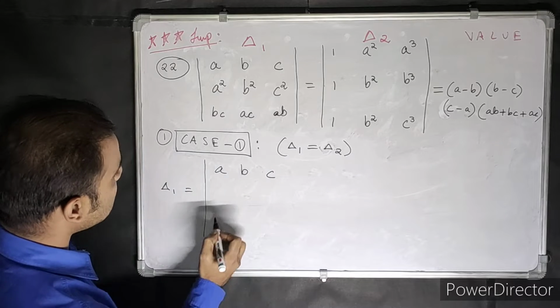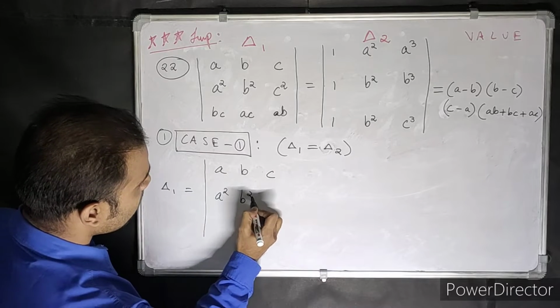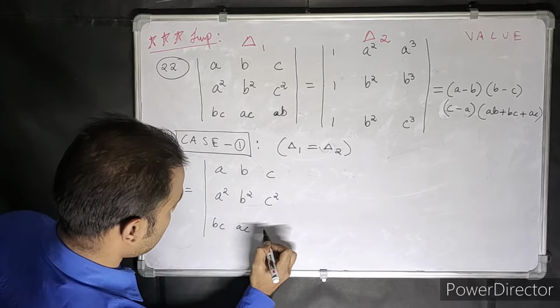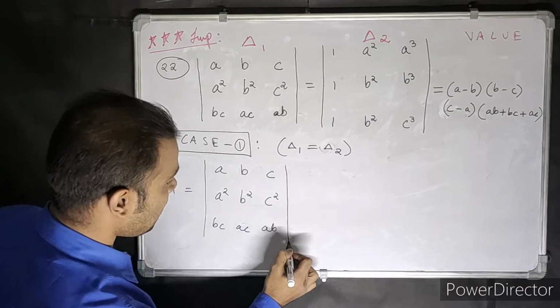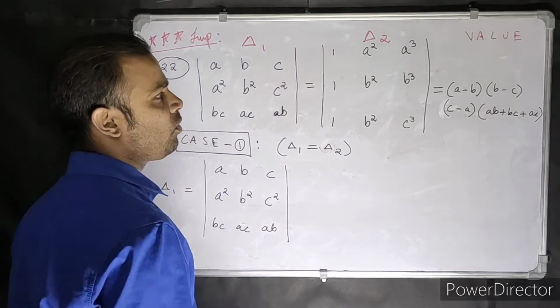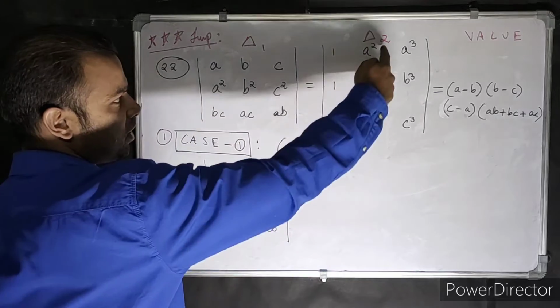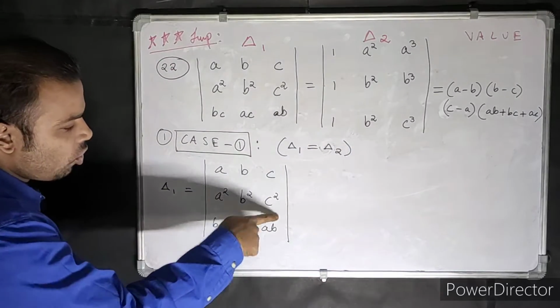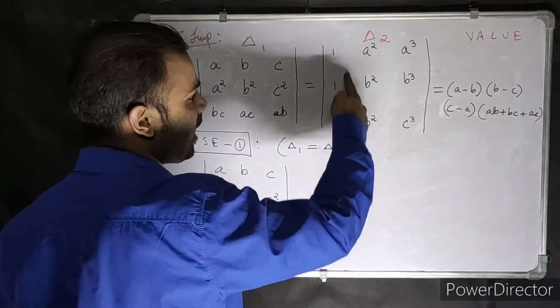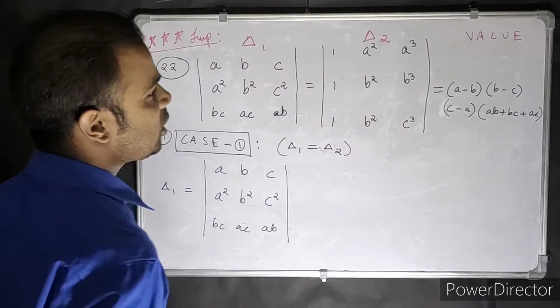It's given ABC; A square, B square, C square; BC, AC, and AB. Now, if you look at this determinant and you look at what you have to prove, look at this second column. The second column and this second row are both the same things. You don't have these ones and you don't have the cubes.